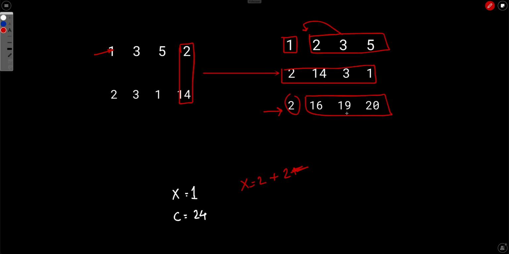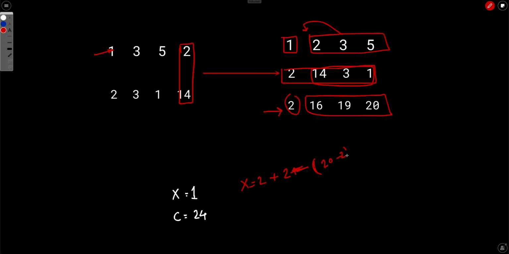Okay, so what is the value? If you notice, the sum of all this would be simply 20 minus 2, right? So 20 minus 2.